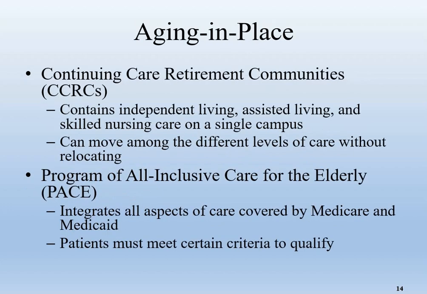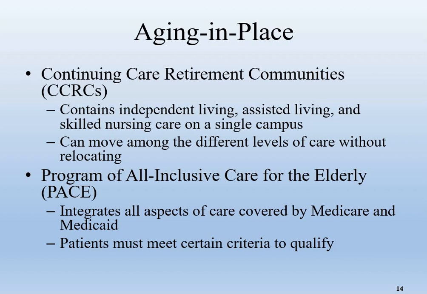There are continuing care retirement communities that contain independent living, assisted living, and skilled nursing care on a single campus, so you can move among the different levels of care without relocating. Like I lived in a planned community down in the Virginia area, and it had apartments for young adults.